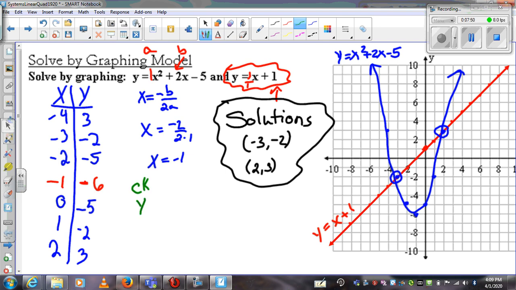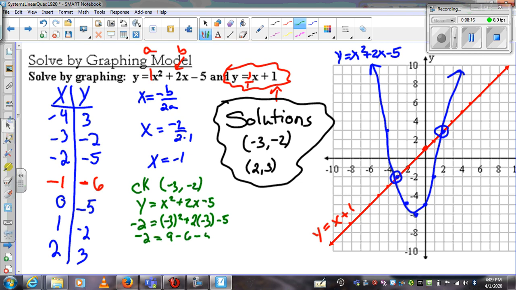So let's check the first point, -3, -2. So your first equation is y is equal to x squared plus 2x plus 5, or no, minus 5. So that's going to be -2 is equal to -3 squared plus 2 times -3 minus 5. So -2 is equal to 9 minus 6 minus 5.